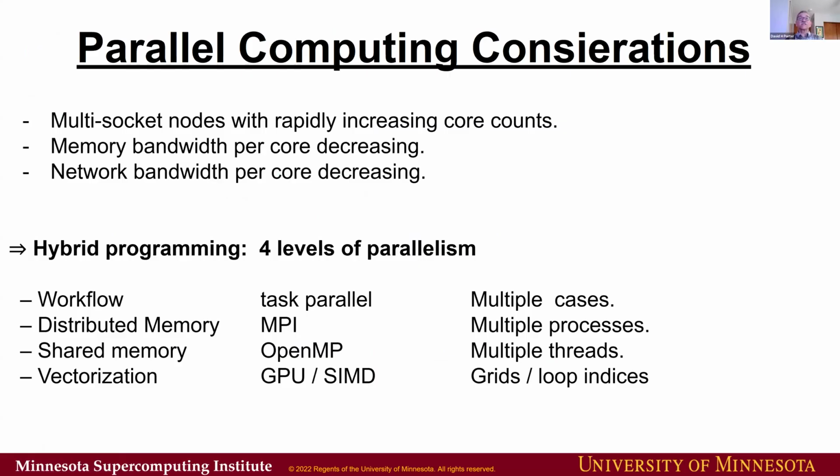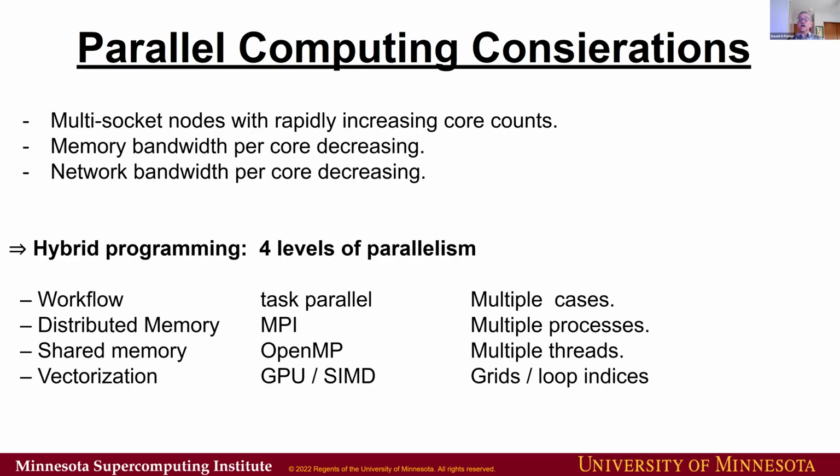And it's really motivated by the rapidly changing hardware, in which the core counts are going way up and the bandwidth per core is going down because we're getting such large, high core count nodes. This can support a variety of different ways you can do your calculation. And the nice thing is you can use them in any combination or all together.